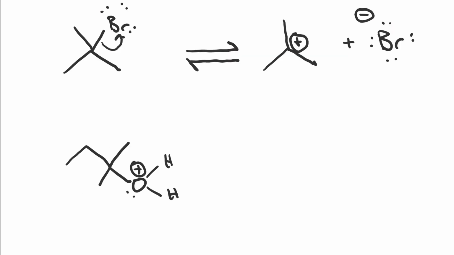Water is also a good leaving group. Can you draw this molecule on your paper and then the curved arrows that would show loss of a leaving group? Go ahead and draw the molecule, then pause your video and draw the curved arrows and the resulting products.